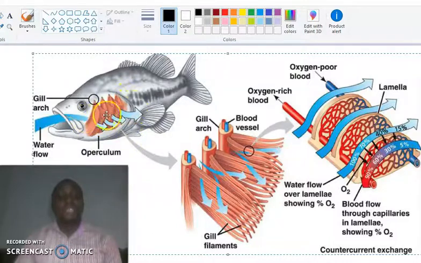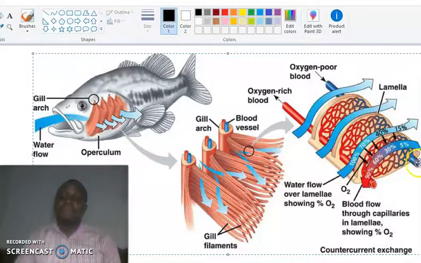As the water rushes through the gill chamber, oxygen diffuses into the blood vessels, because in the water, oxygen is more highly concentrated than in the blood. Therefore, oxygen diffuses into the blood capillaries.